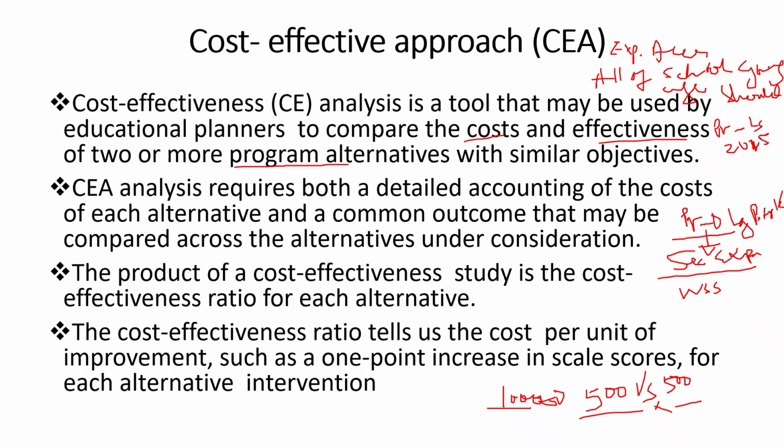There are so many ways of which you can present objective differently. So cost-effective analysis requires both detailed accounting of cost of each alternative and the common outcome that may be compared across the alternatives under consideration. The product of cost-effectiveness study is the cost-effectiveness ratio for each alternative.